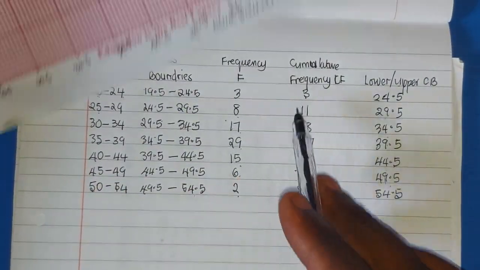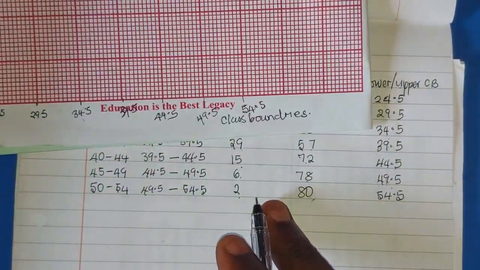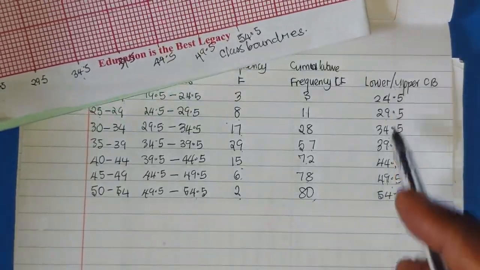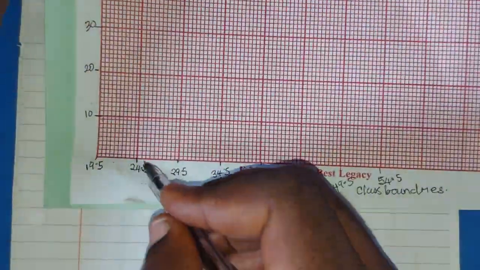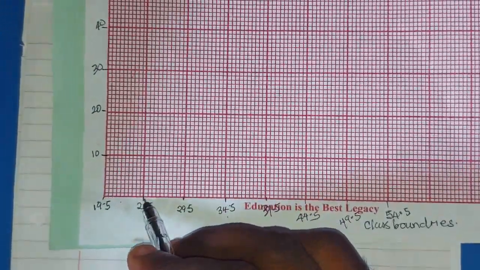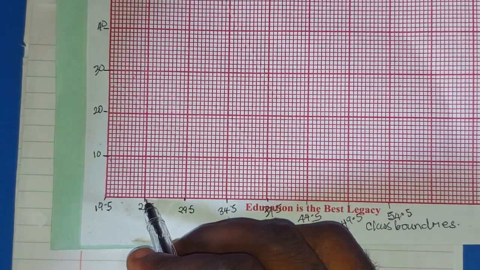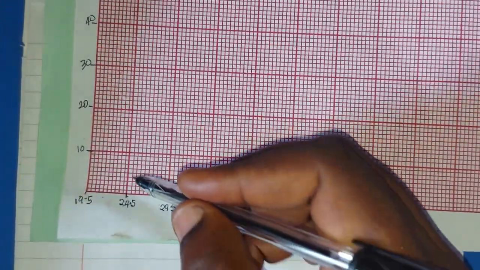Having done this, you now take the first class. Don't forget that an Ogive is a graph of cumulative frequency against the class boundaries. So you start from here against the cumulative. What is the first cumulative? It is 3. So let's trace our 3.